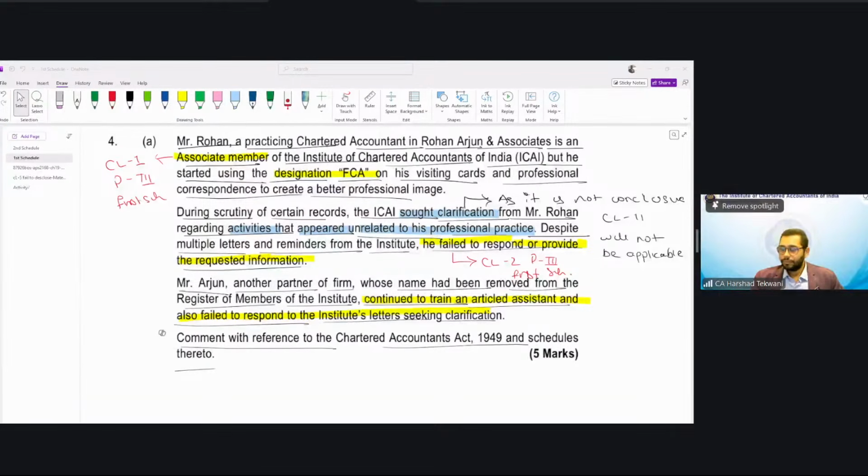Anyone? Which particular provision will you apply over here? Quickly.